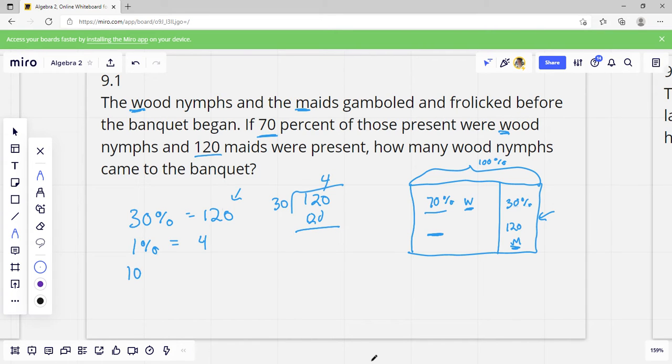To find 100%, we would just do 4 times 100, right? Would be 400. So that's going to be our 100%. Our total is 400 of them. 1% is 4. We need 70%. So we can just do 4 times 70. And we should get 280.